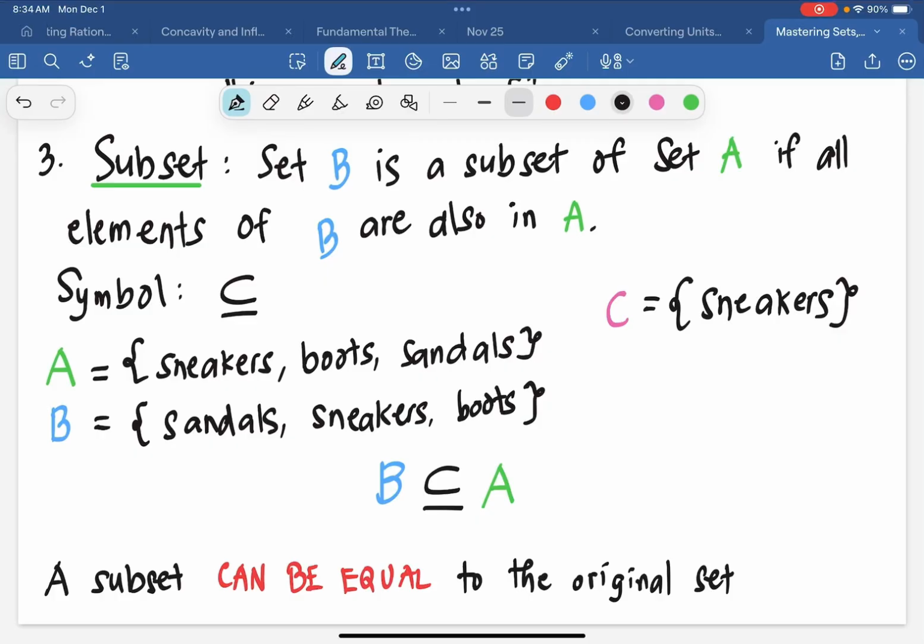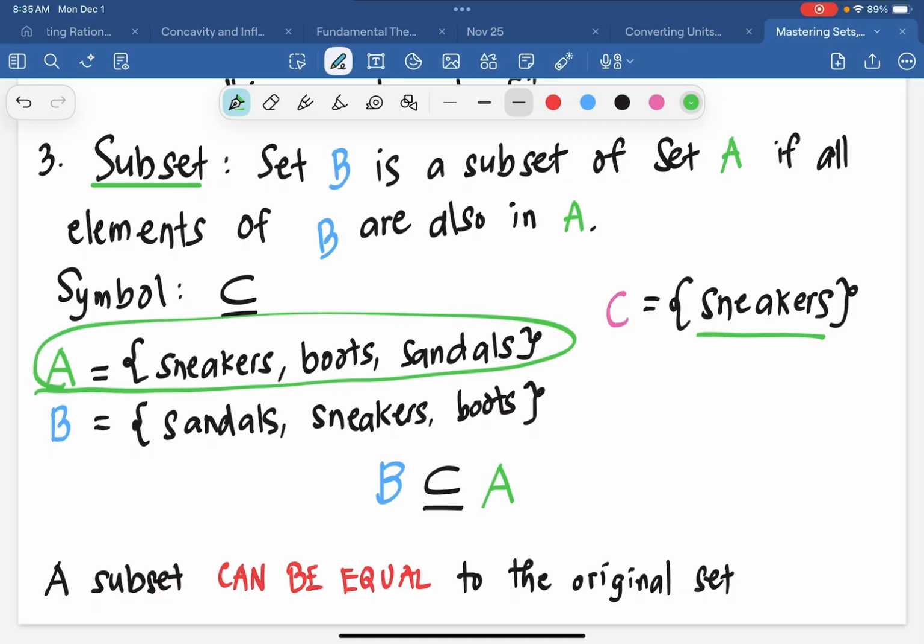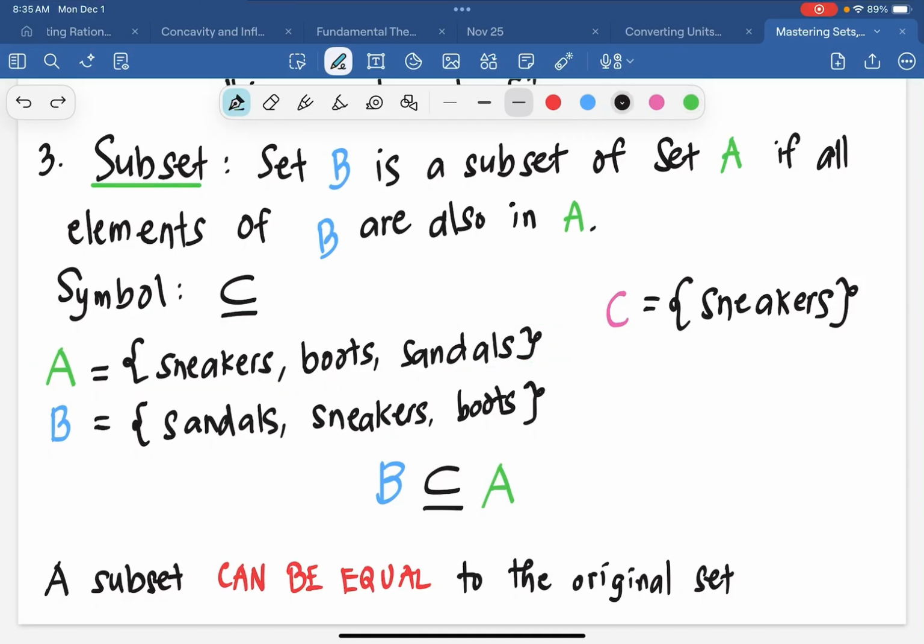In set C, we only have one element, which is the sneakers. Is sneakers part of set A? Obviously, yes. Which means that set C is also a subset of set A.